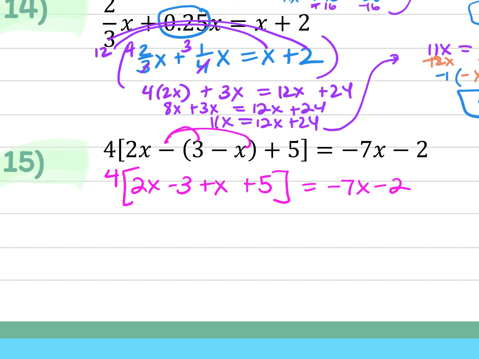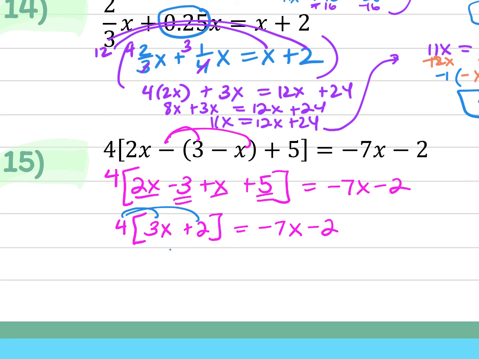Now what? Good. Combine the like terms inside the bracket. So 2x plus x is 3x. Negative 3 and positive 5, positive 2. Now the brackets work just like parentheses, so I'm going to distribute the 4 in. Add the 7x.